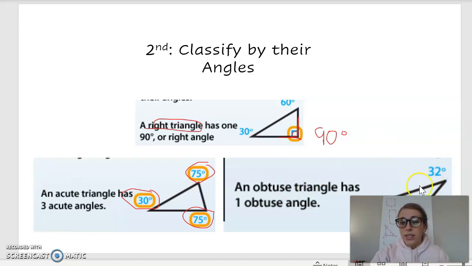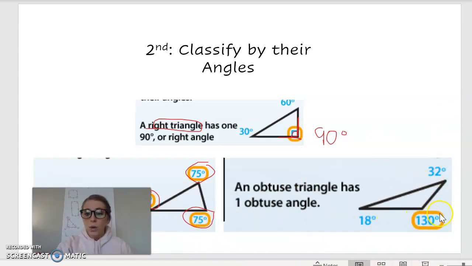As you can see in this triangle here, we have an angle of 130 degrees that is greater than 90 degrees. So an obtuse angle, I like to think of it as absolutely big. Obtuse, absolutely big, greater than 90.